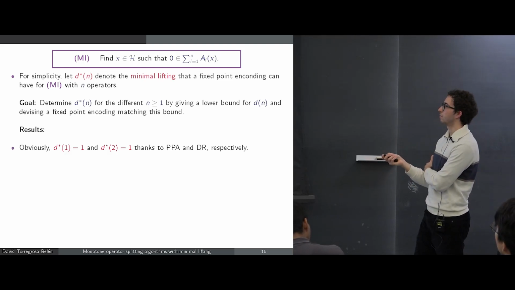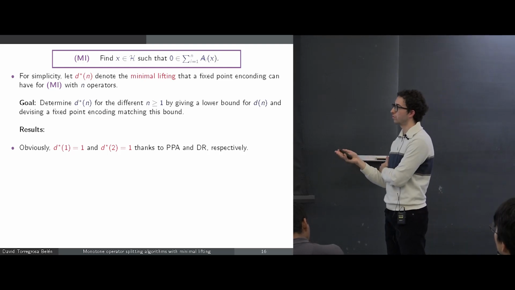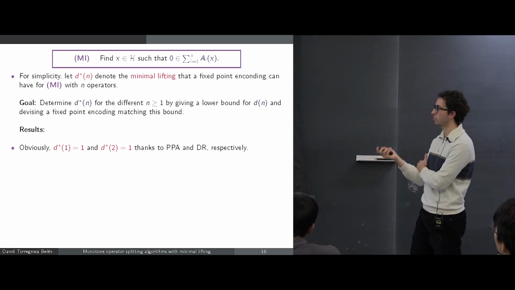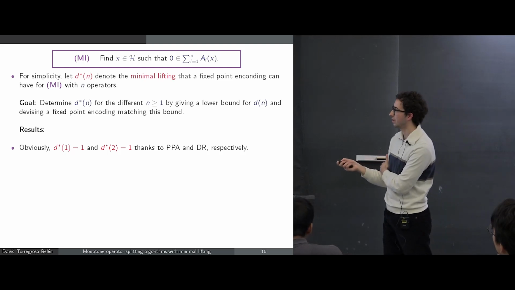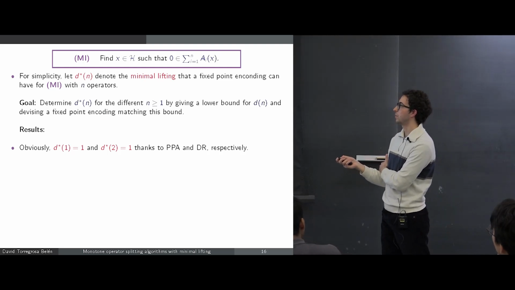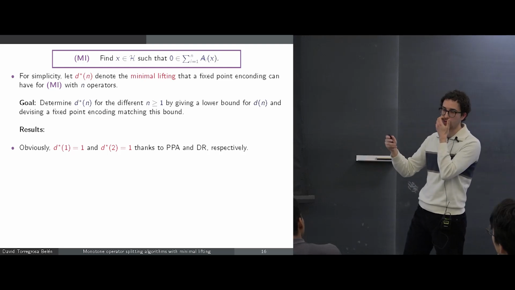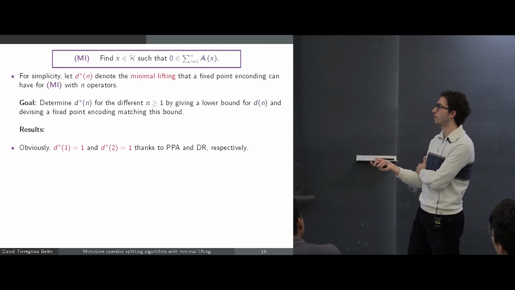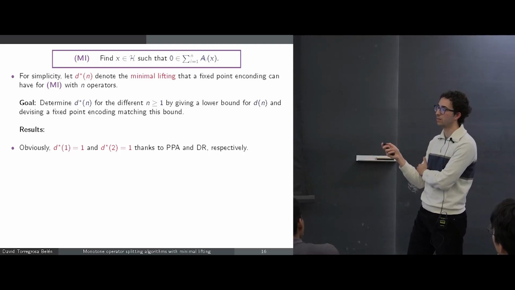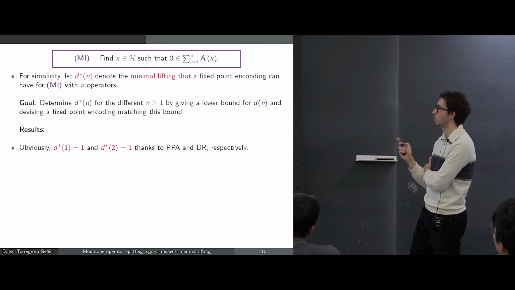So different authors got some results. The first ones are the following. For the case n equals 1 and the case n equals 2, you know that the minimal lifting is 1 because it cannot be less. And we had that both the proximal point algorithm and the Douglas-Rachford verified those bounds.